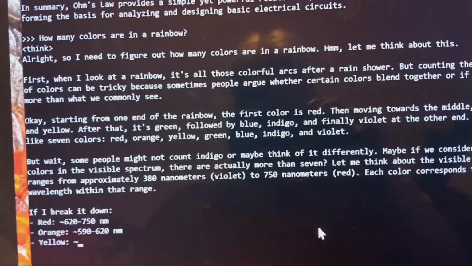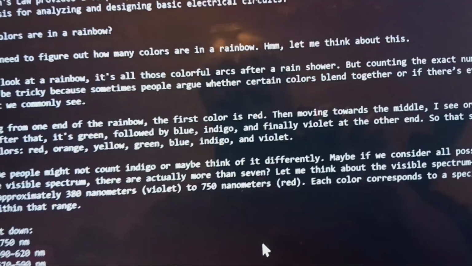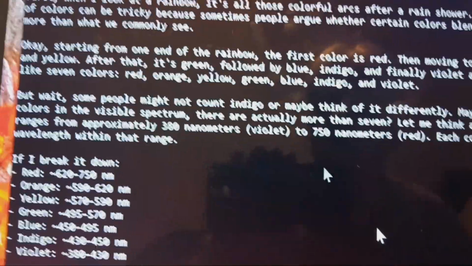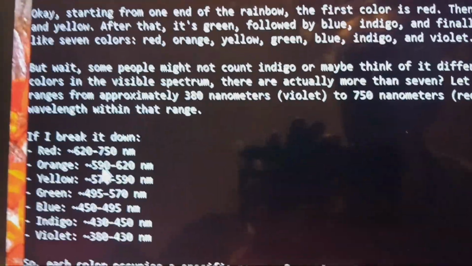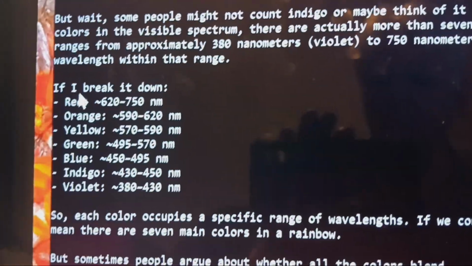Now, when I asked Google in Google search, using just a basic AI, how many colors in a rainbow, it said there's 8. But you see the difference. And look at how much information it gives you. It actually tells you the frequency of each rainbow color for the basic colors.